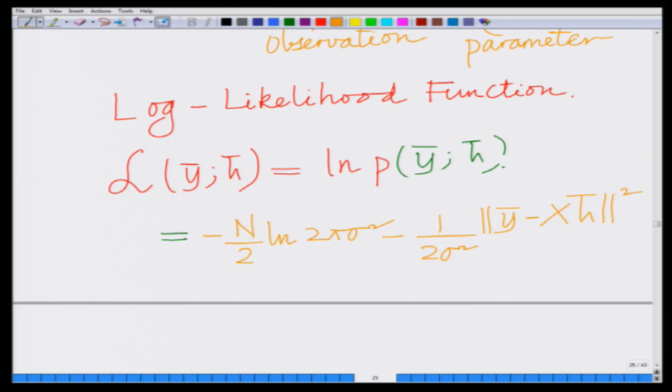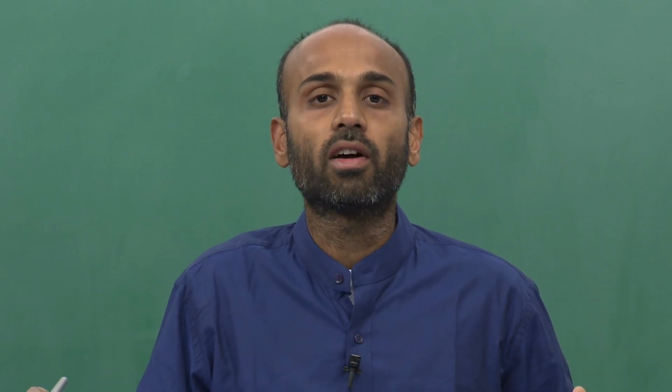Okay. So, this is the log likelihood function corresponding to the parameter vector h bar, alright. We developed the likelihood function, and taking the logarithm we get the log likelihood function. Now, we have to maximize this, that is, find the vector h bar for which this log likelihood function is maximized, that is the maximum likelihood estimate of the parameter vector h bar.